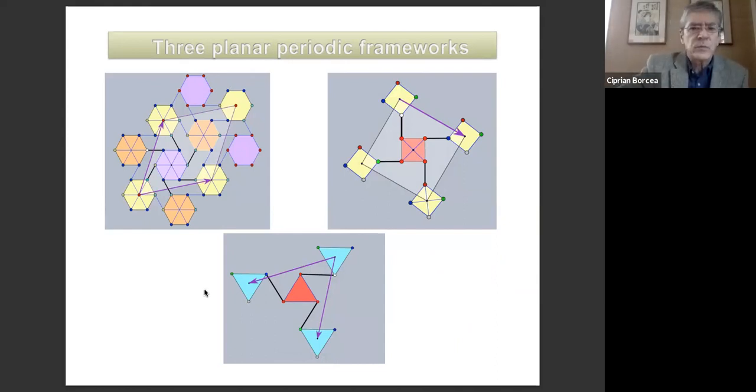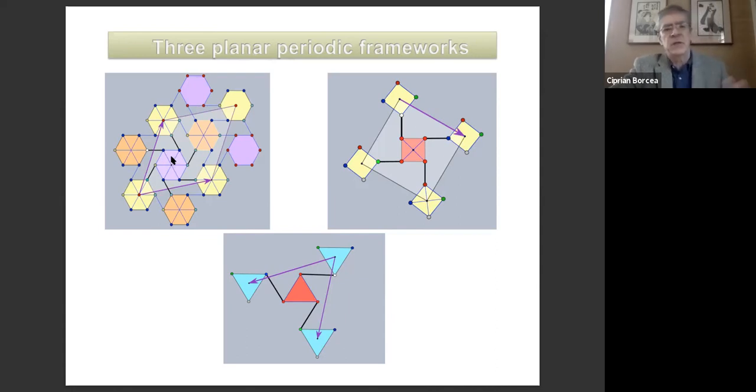Let's explore a little what we see here. So we see all three are planar. This is more populated, this fragment. So let's discuss this framework with hexagons. We have what I will refer to as a central hexagon.